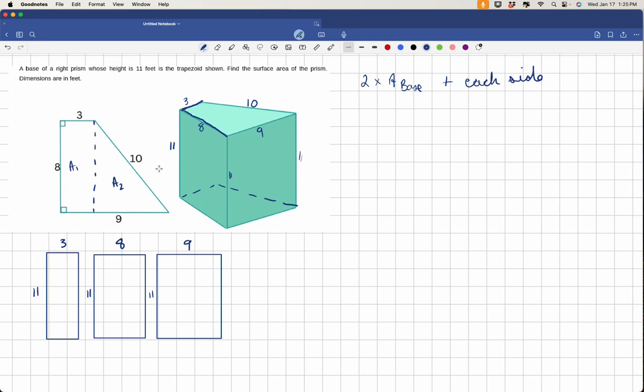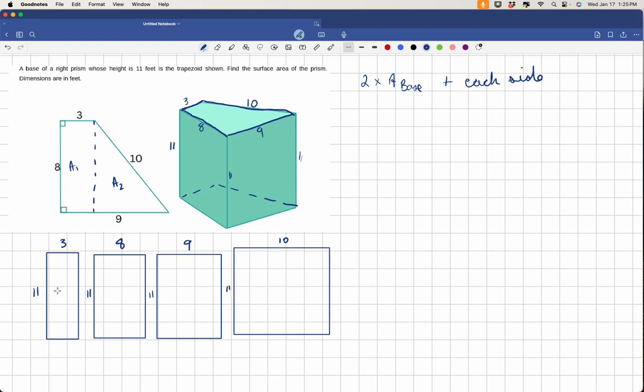And then the final side is this slopey side. We've already done the 9, so this last part is going to be a rectangle that is 10 by 11. So we could do the math for all of these.